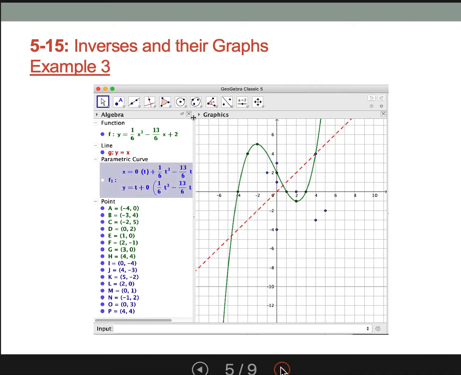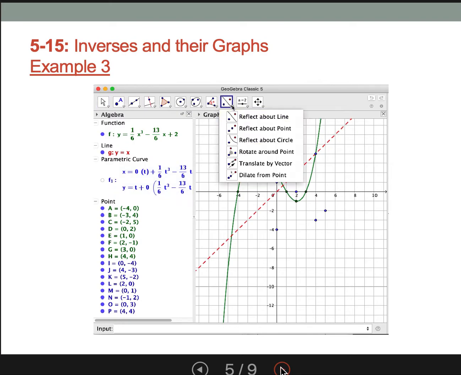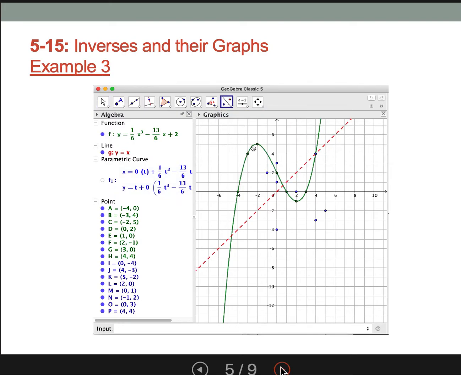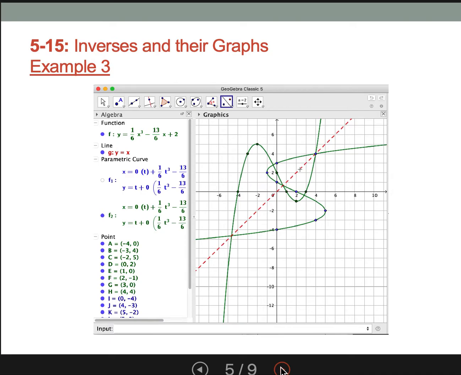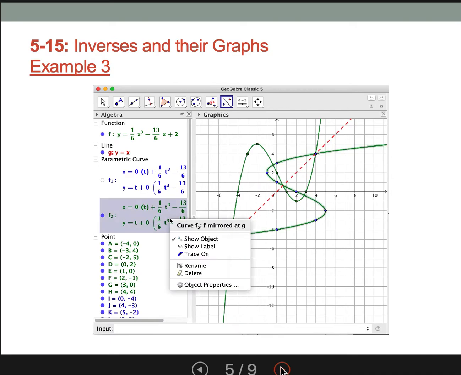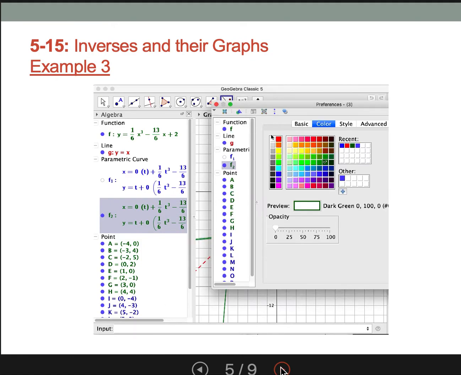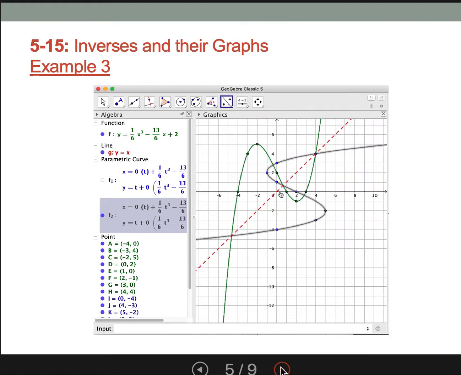Okay, so let's do that again. We're going to reflect this cubic over this line, and that same curve should show up through all those points. And it does. Let me change the color here so it's not the same as the other one. So you can see this is the same as this one.